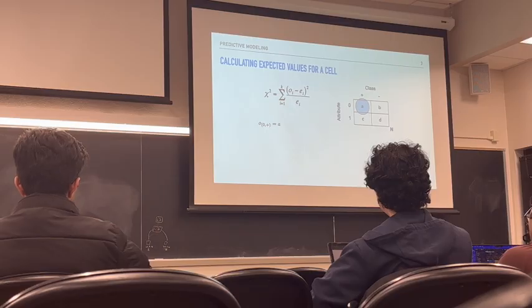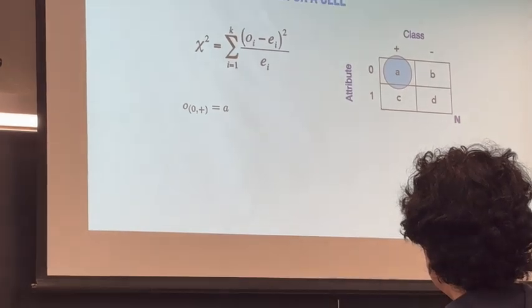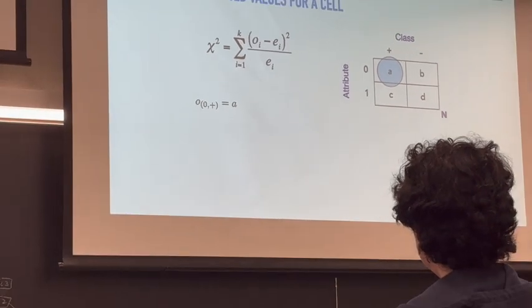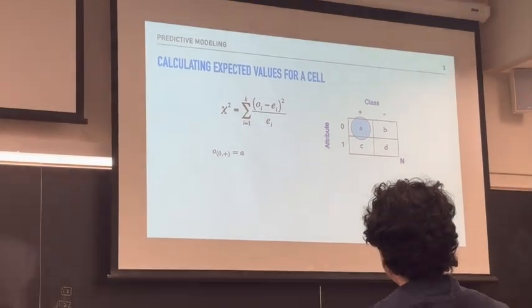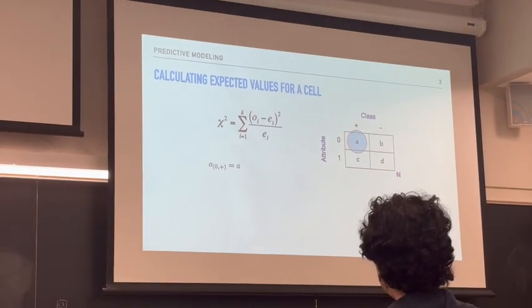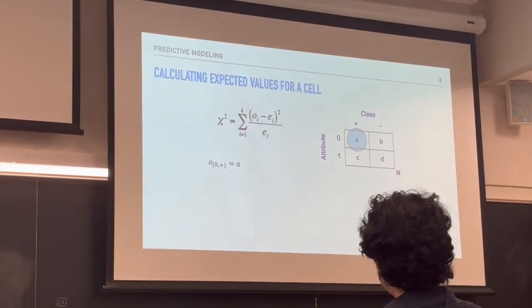So now let's try to run our test. The test goes, we are looking at O_i, which is the actual value, right? And E_i, which is the expected value under the null hypothesis. And then we're going to check the discrepancy between the two.